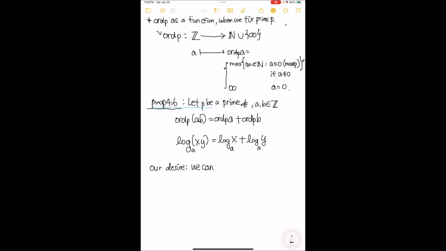We can extend the ordinal function to the domain of rational numbers.